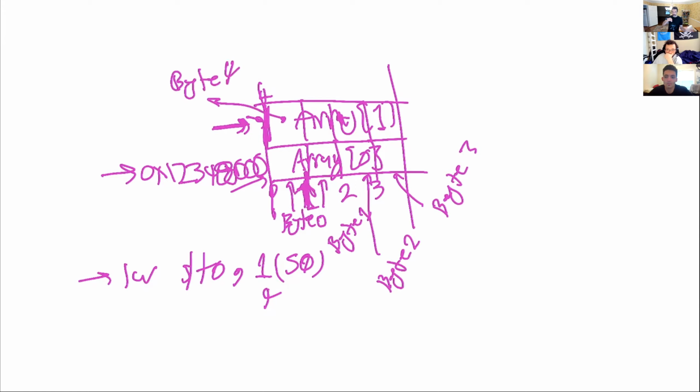And you know that by convention, right? Because MIPS is big endian, right? Otherwise, if it was little endian memory, you know how the addressing would have worked, right?